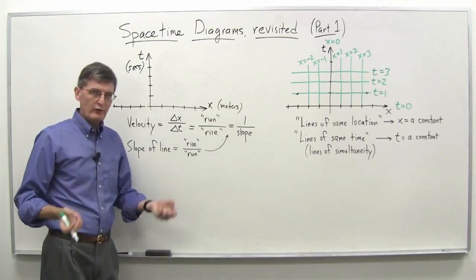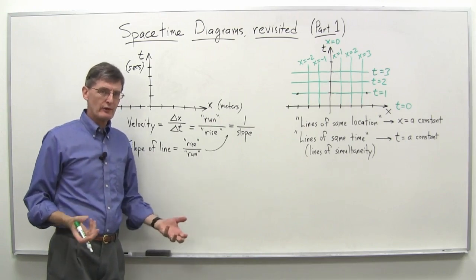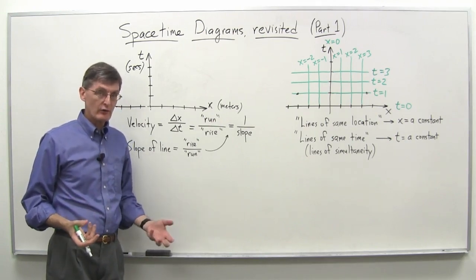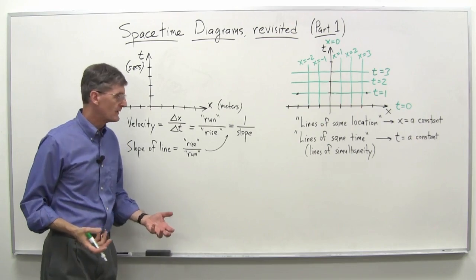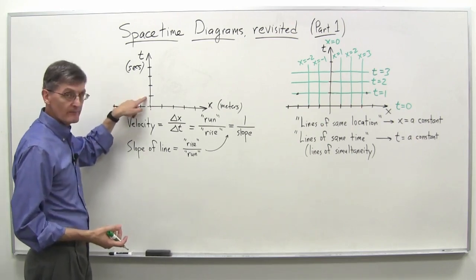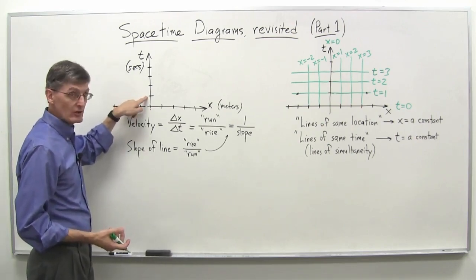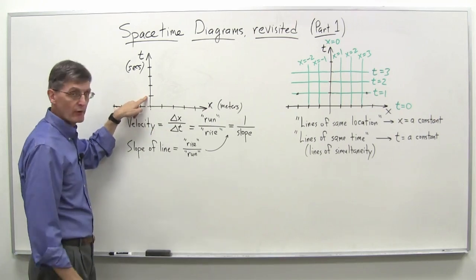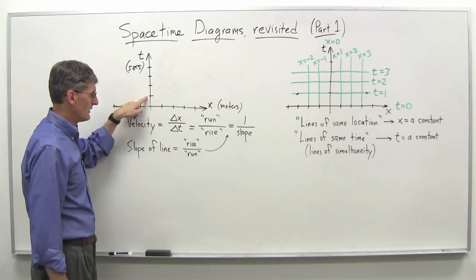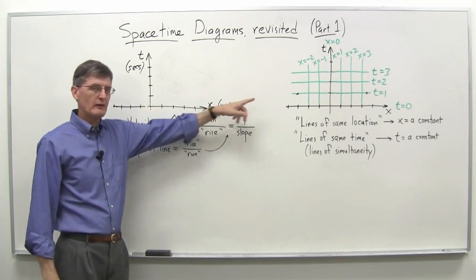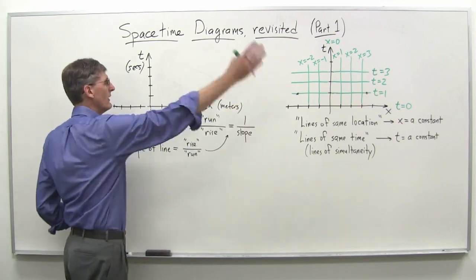Well, we know it travels 300 million meters per second, or 300,000 kilometers per second. So if this is 1 second here, its location along the x-axis at that point would be 300 million. Clearly, I'm going to have a problem fitting that on my whiteboard here, right? It's going to be way out there.